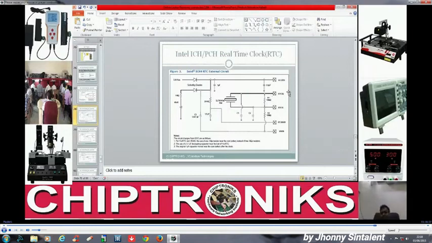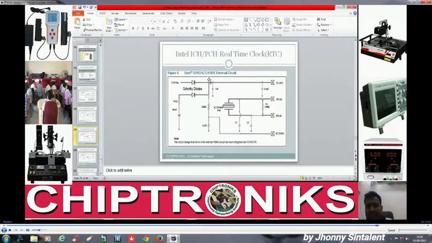Basically this is an RC circuit. If you talk about electronics, then this is an RC circuit, and I won't go into detail on what an RC circuit means, but this is all about an RC circuit.